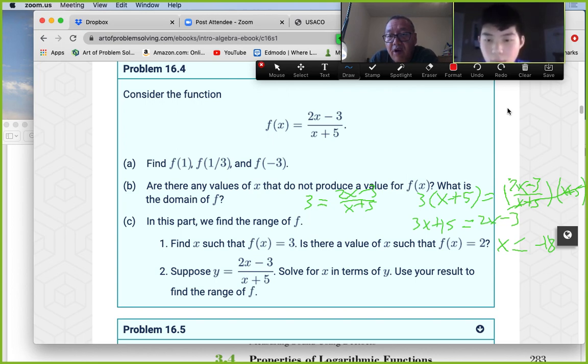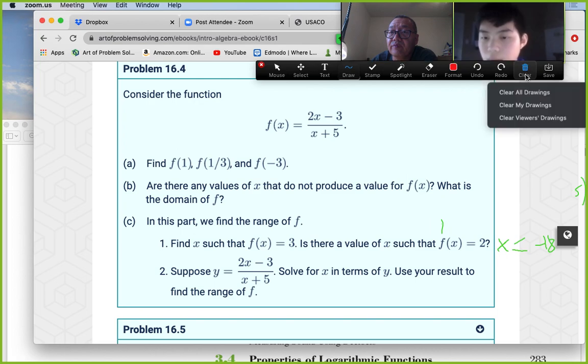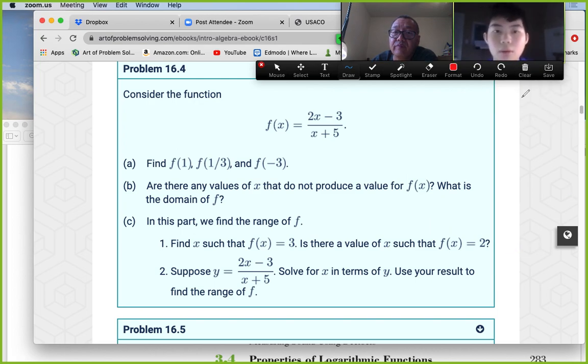Now continue to solve. If the y value equals 2, what is x? Oh, okay, let me erase this. So I do the same thing, right?